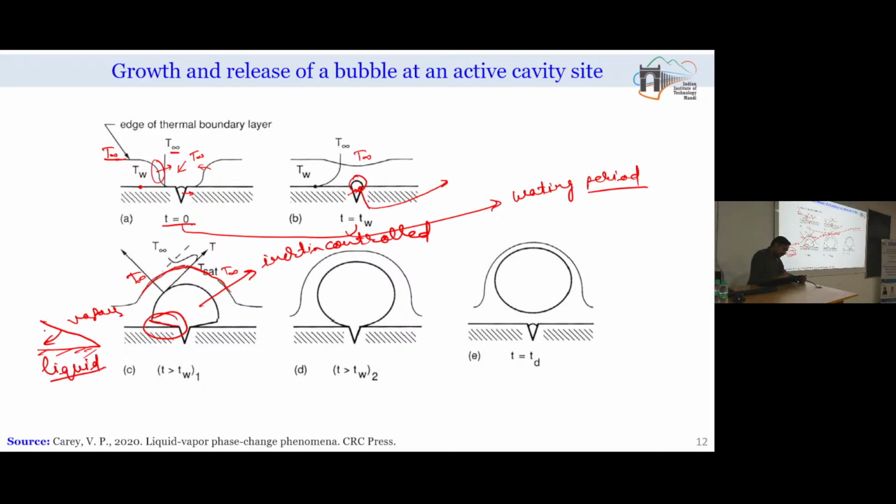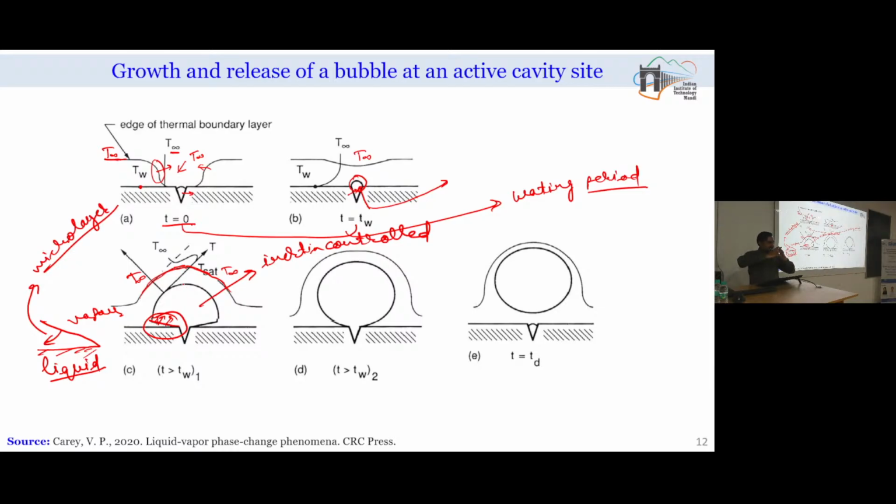This amount of liquid is called the micro layer. Now, what will be happening? Most of the evaporation will take place from this micro layer as well. Because here also we have a liquid vapor interface, from this micro layer there will be evaporation.